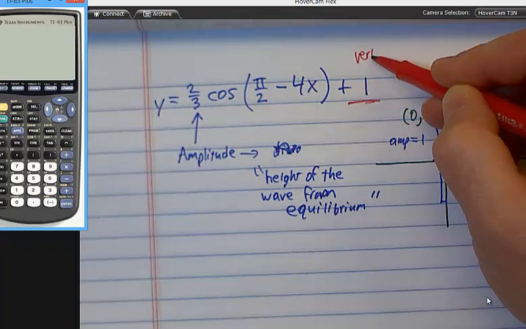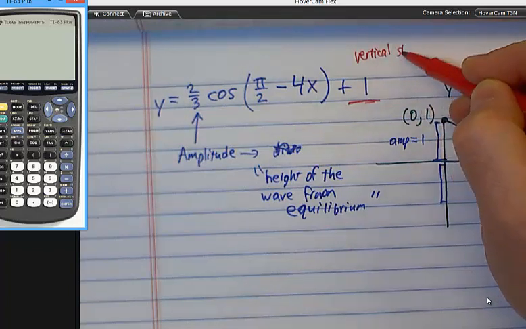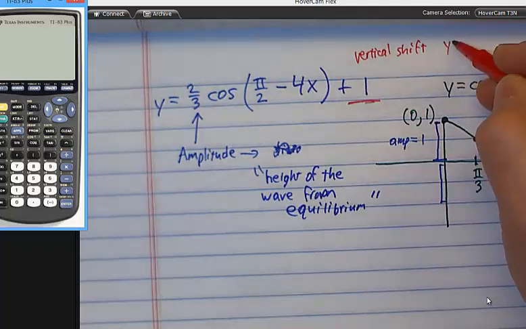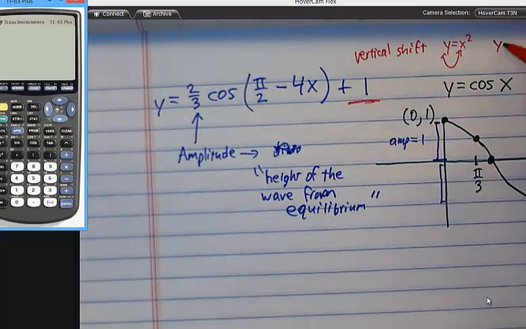This is what we call a vertical shift. Like if I told you, graph y equals x squared, you say, that's a parabola. And if I said, graph y equals x squared plus 1, what would you do? Shift it up 1. You wouldn't worry about what x and y equal. You just say, that's a shift.